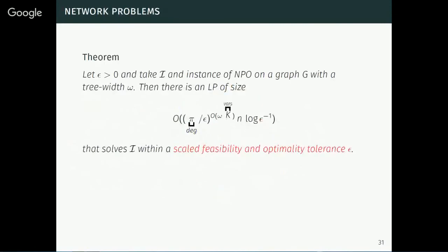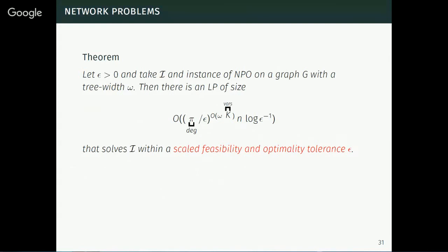What we proved in this case is that if you have an NPO over a graph, again, this is different from the intersection graph, there's already an underlying graph there, and that graph has tree width omega. Then, as in the polynomial case, I can approximate it to scale feasibility and optimality tolerance with an LP of this size.